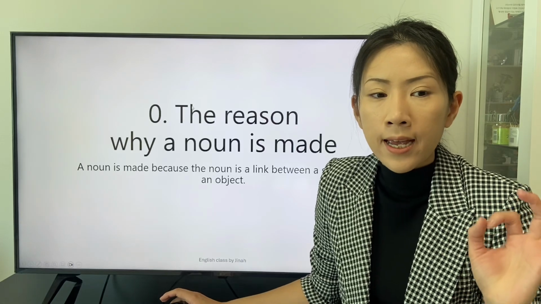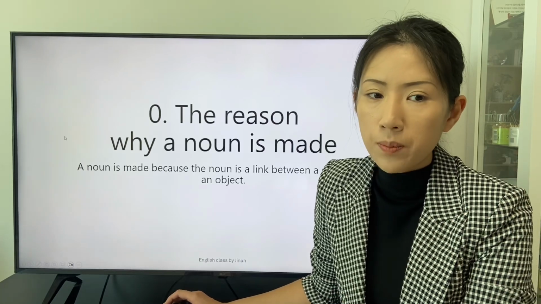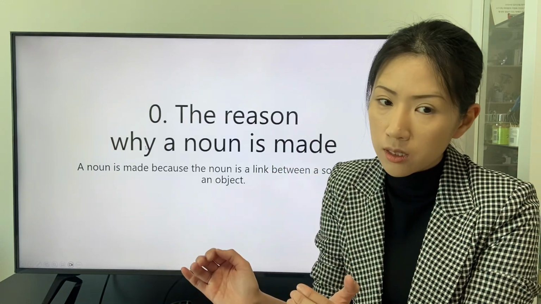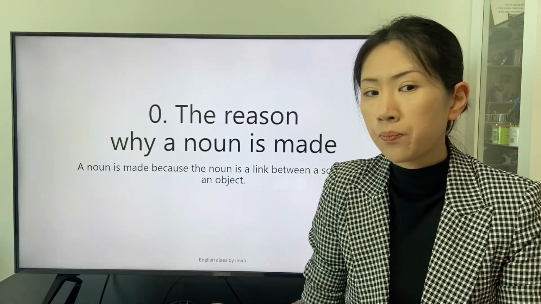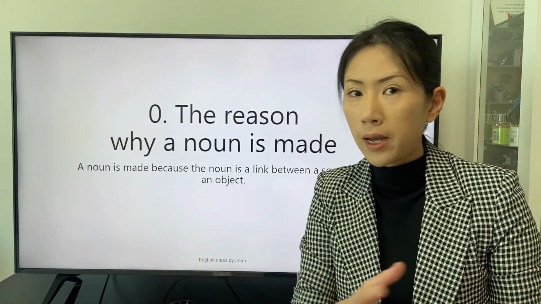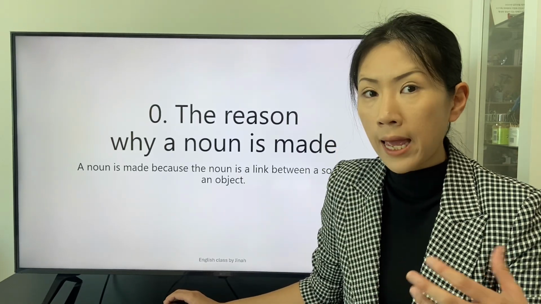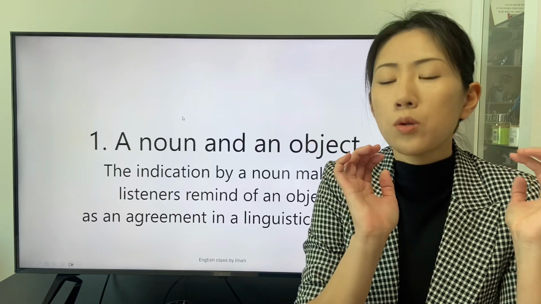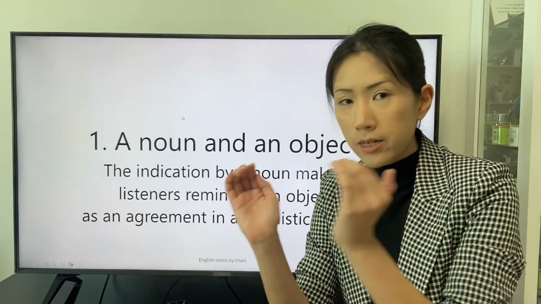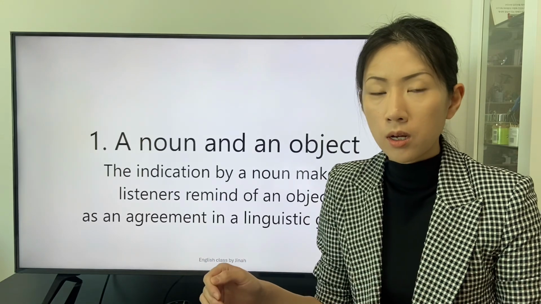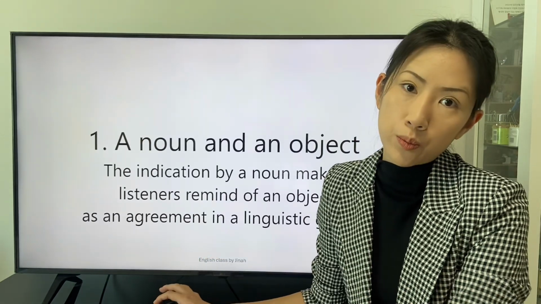So we can say that a noun is made because the noun is a link between a sound and an object. After the language is made, a sound is written as a word. So the object and a noun are linked with an agreement in the linguistic group.